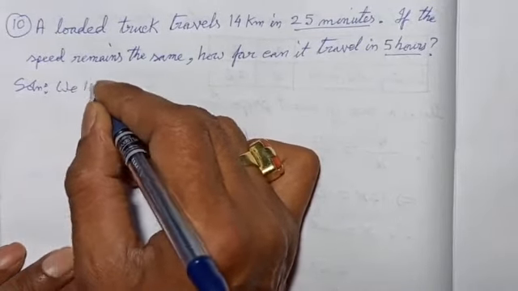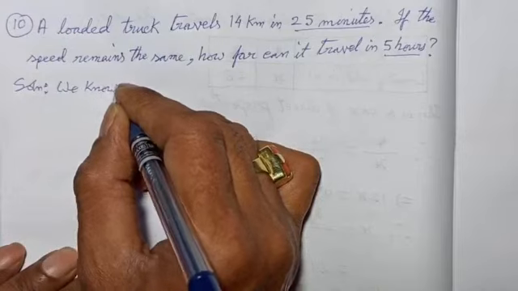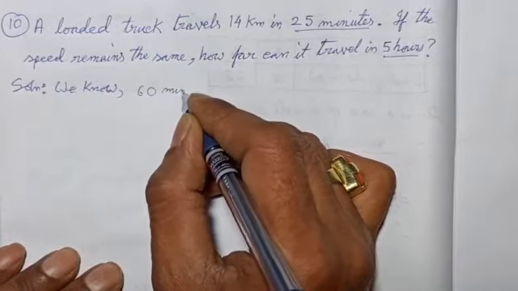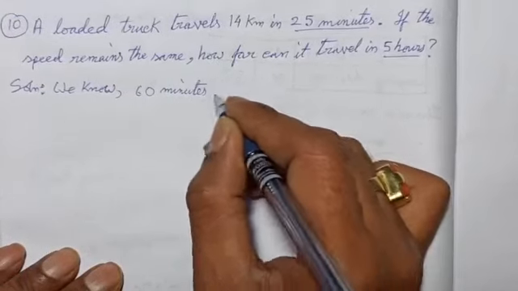So we know 60 minutes is equal to 1 hour.